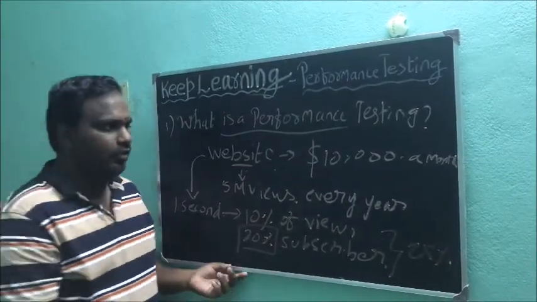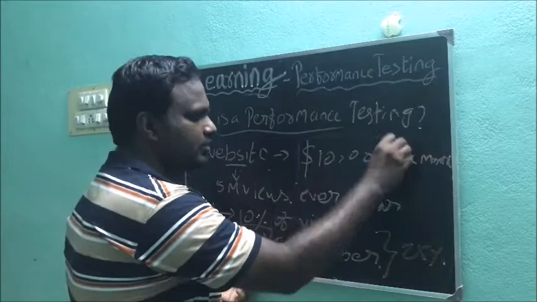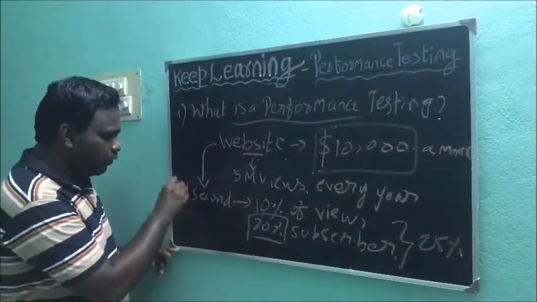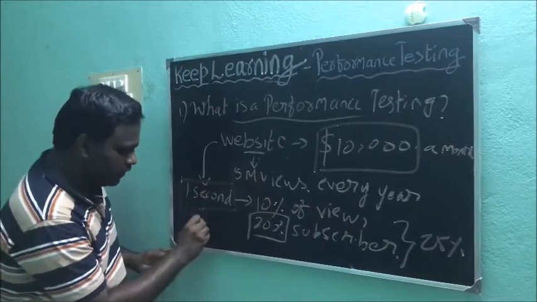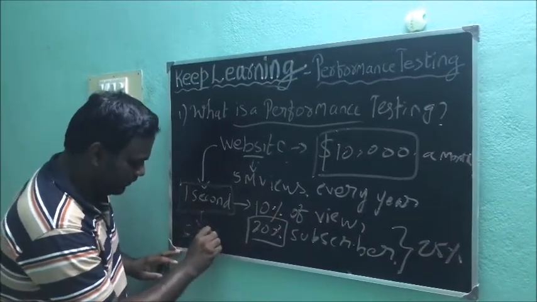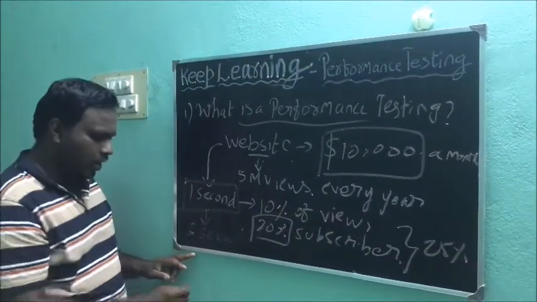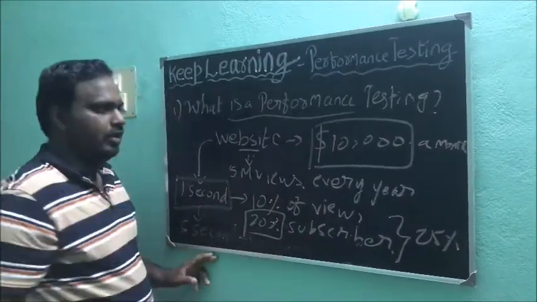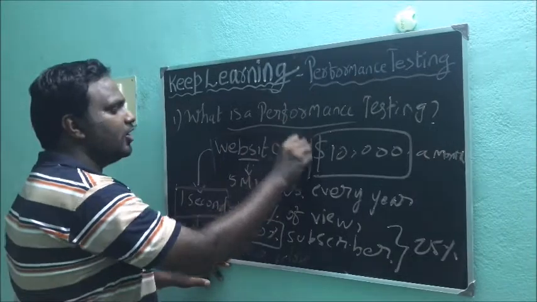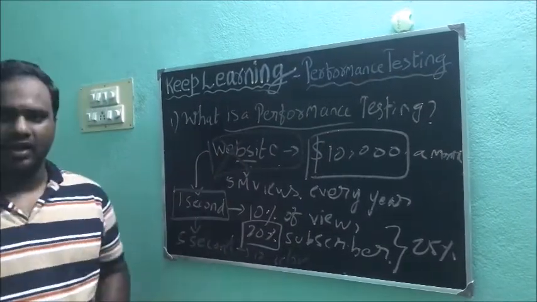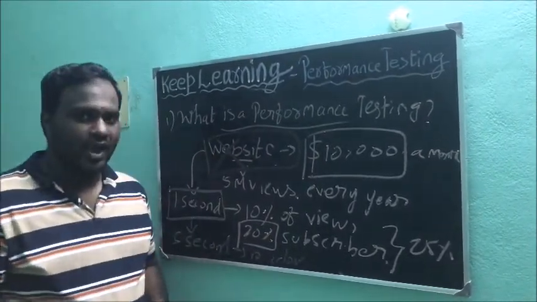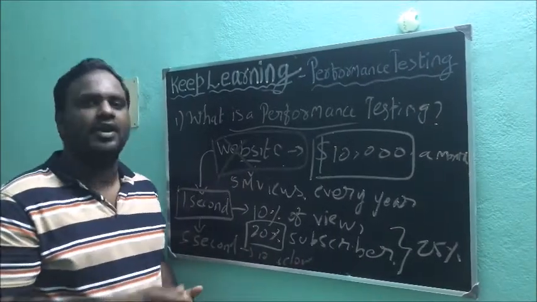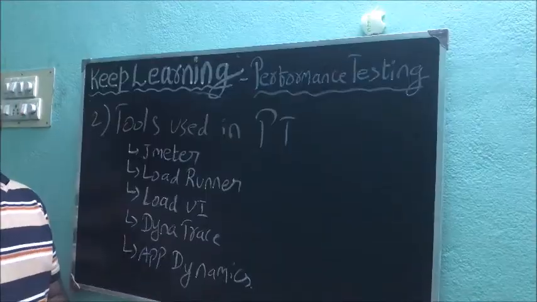What does it mean? 25% of this dollar amount has decreased. What will happen if this 1 second slowness goes to 5 seconds, or maybe 10 seconds slow? Then this company has to be shut down. So that is why we have to ensure the performance. We have to make sure we are delivering the software with the right performance.